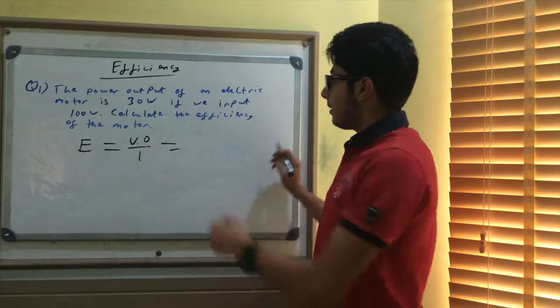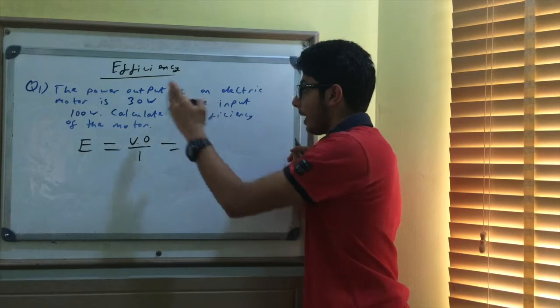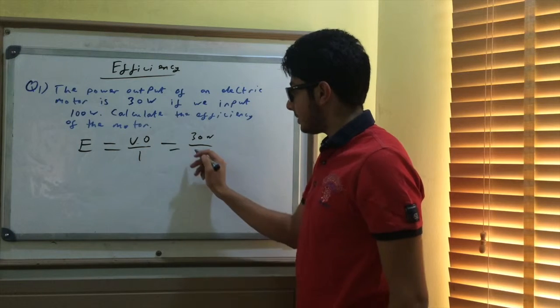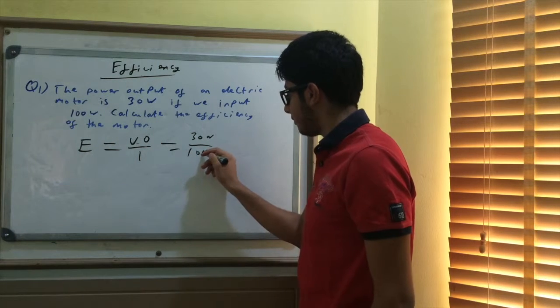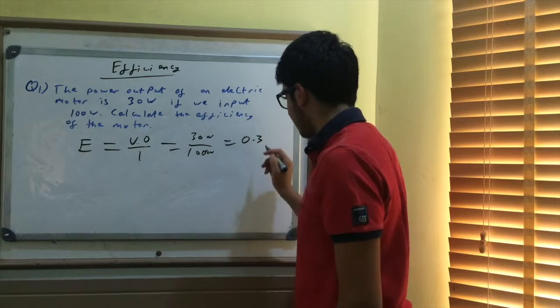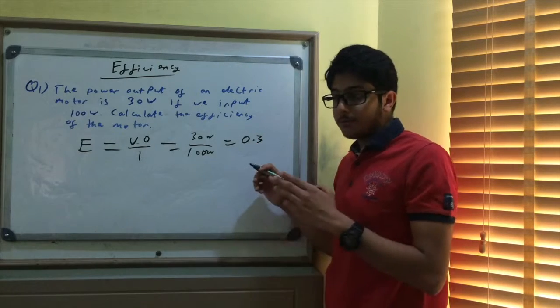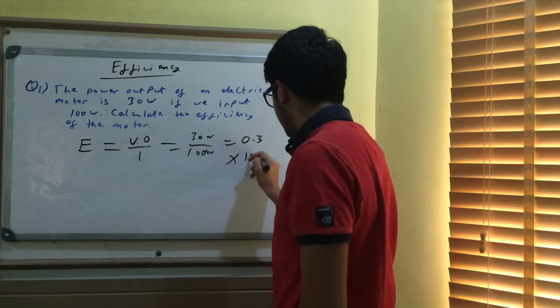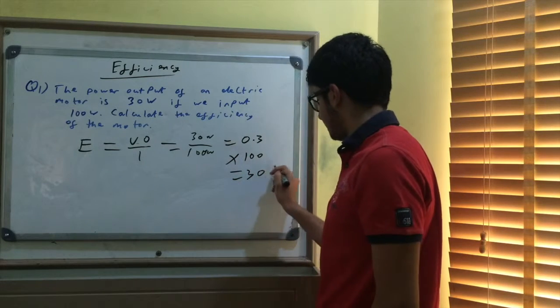So, substitute in the values. The power output is 30 watts. The power input is 100 watts, and this will give you 0.3. Let's convert it to a percentage. So times by 100 gives you 30%.